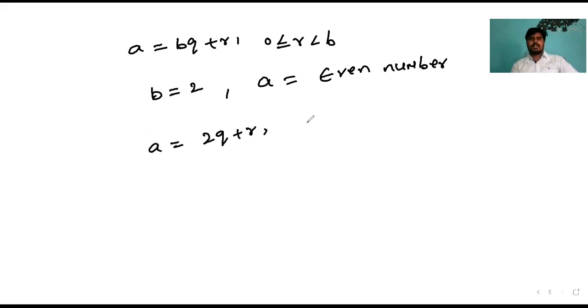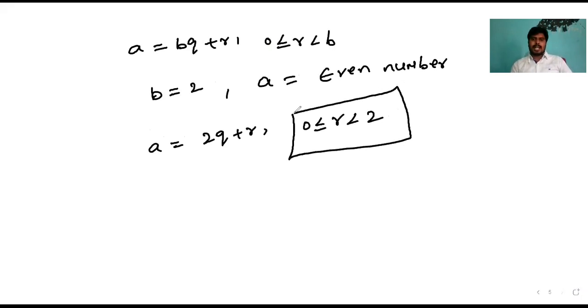What is the r value here? 0 is less than or equal to r, less than b, which is 2. So r lies between 0 and 2, maybe 0 also. What are the possible r values? 0 and 1. Only two possible r values.